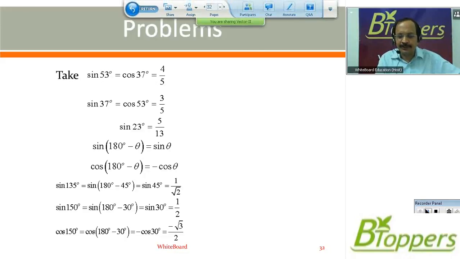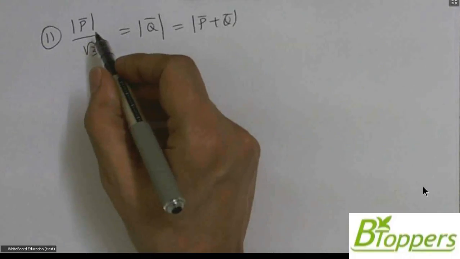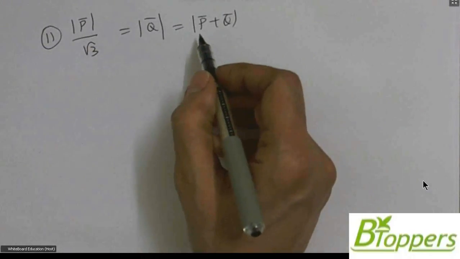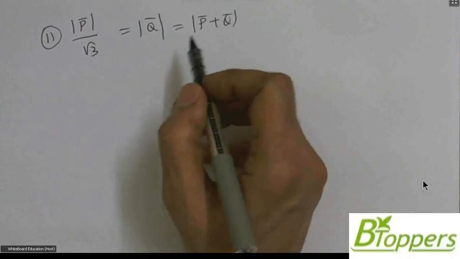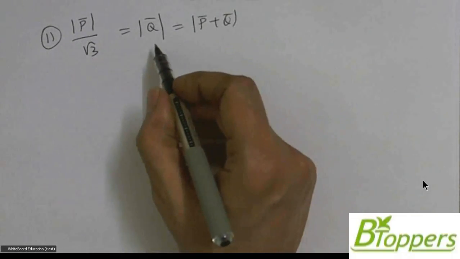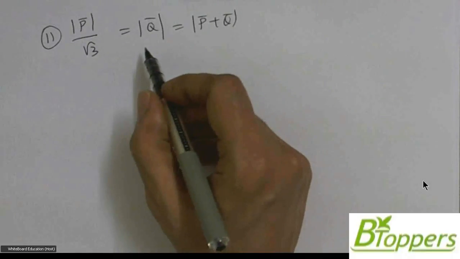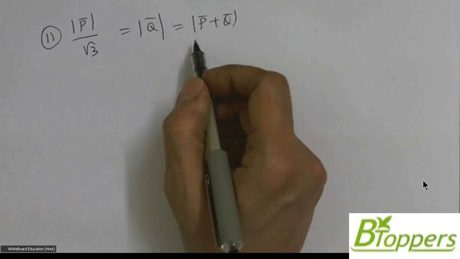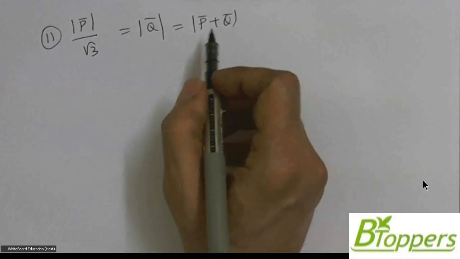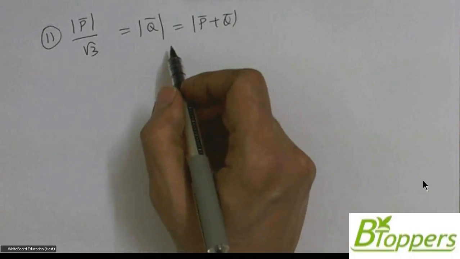Here on the screen, mod of p bar by root 3 equals mod of q bar, that is equal to the magnitude of the resultant of p bar and q bar. Here we can try to express all the three magnitudes in the formula for the magnitude of the resultant in terms of one of the magnitudes.